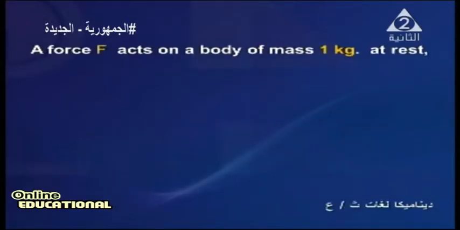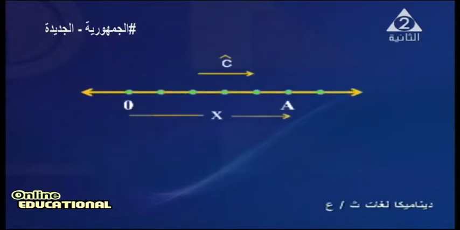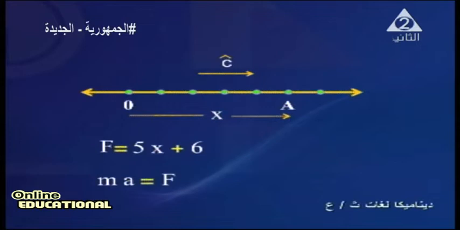Example: a force F acts on a body from the origin point, and a force F equals 5x plus 6 acts on the body to move it. This force is in terms of x, the displacement of the body with respect to the origin point, or the distance between the body and the origin point. And we know that ma equals F from Newton's second law. Then ma equals 5x plus 6.